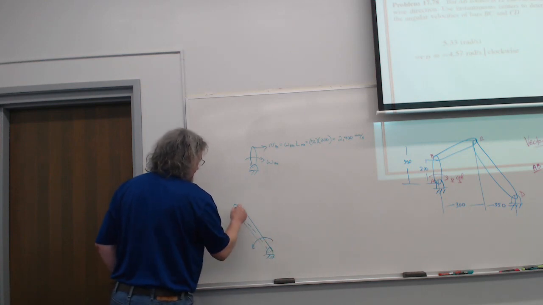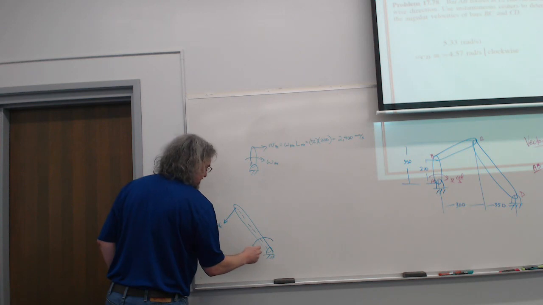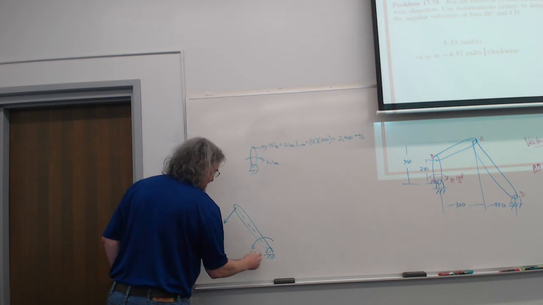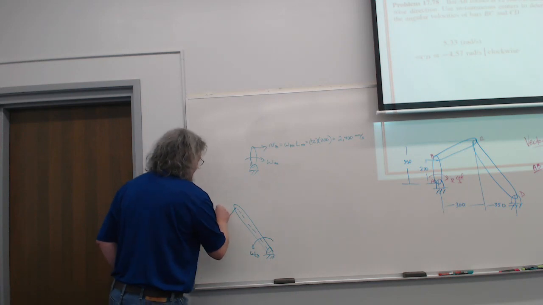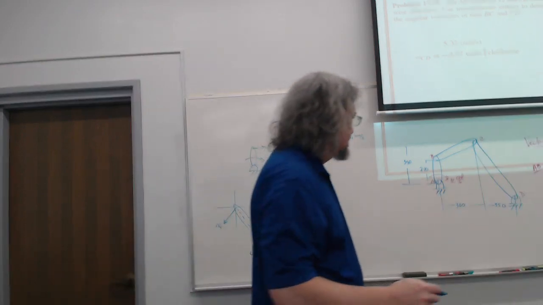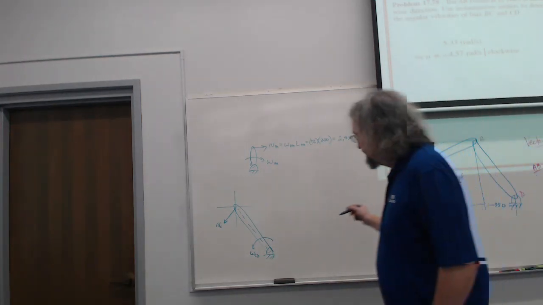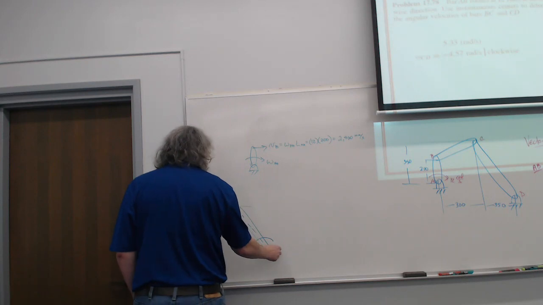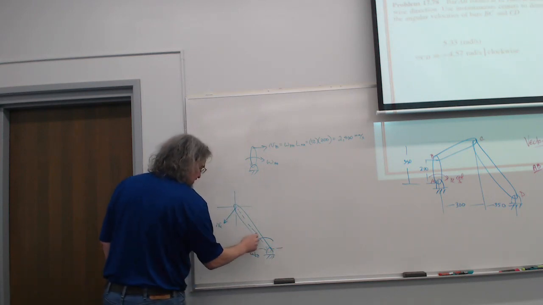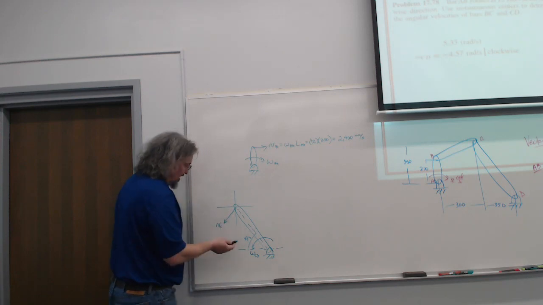Here's the velocity of C, and here's omega_CD. In this, I do want to get the angles. Even though I didn't draw it this way, this one's 45 degrees, which makes it kind of easy to figure out where that angle is.